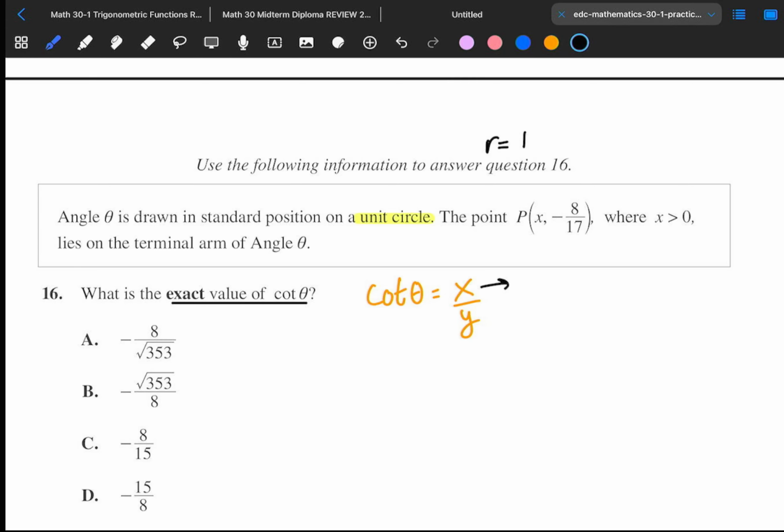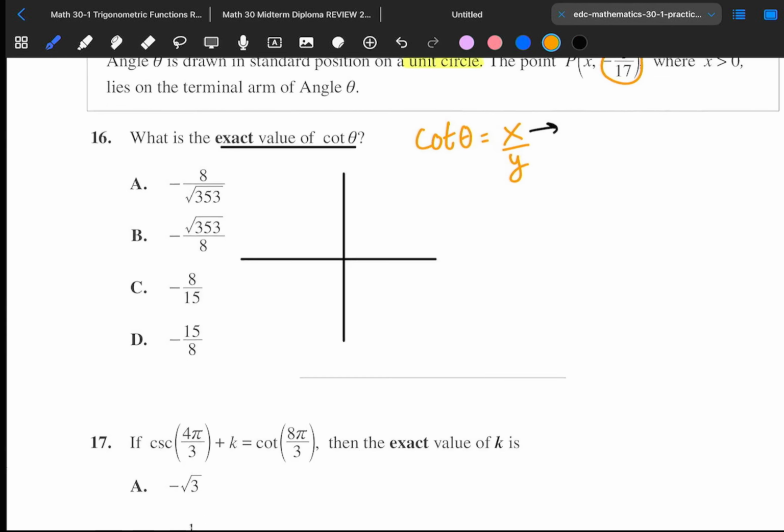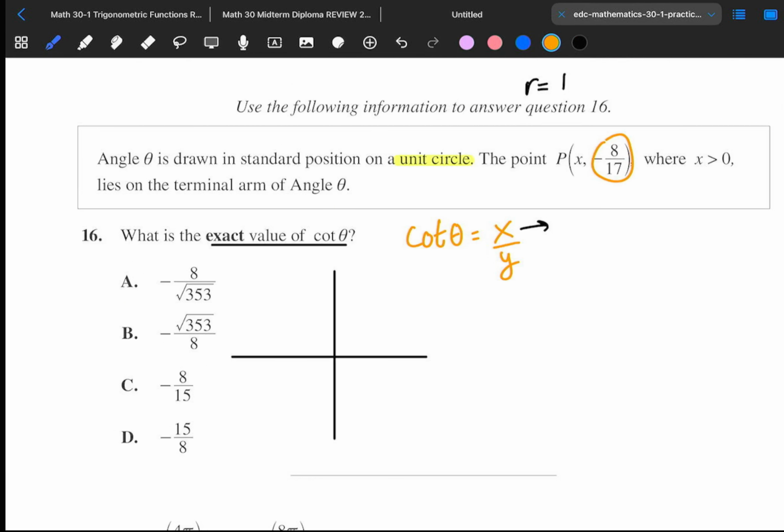Using the Pythagorean theorem, I'll just draw this triangle out, since it's on the unit circle. I'll draw this point out on the unit circle. And notice that we have a negative y and a positive x. So it can't be in this quadrant, because then we would have a negative x and a negative y.